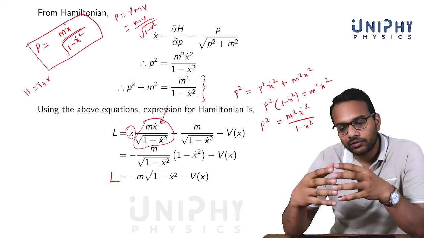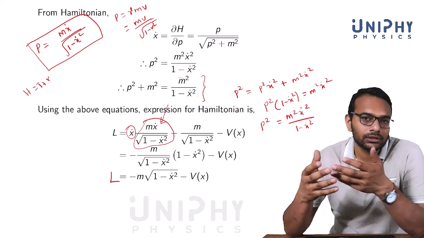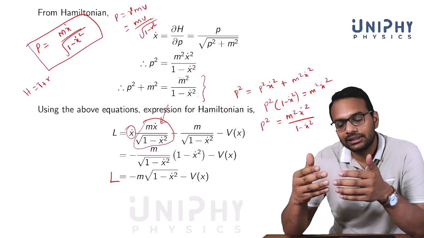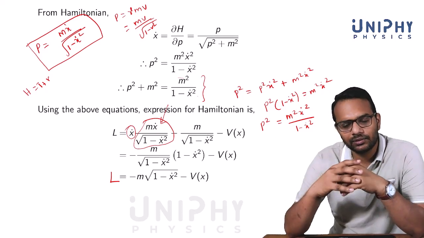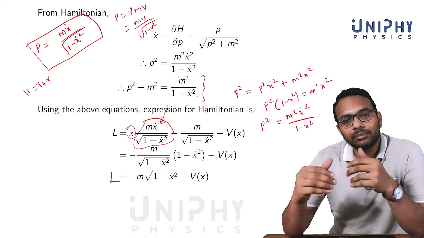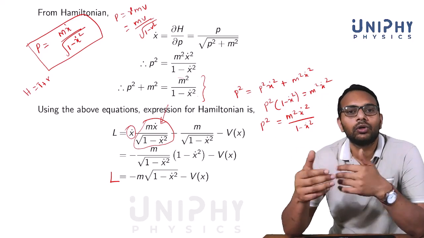We have got this action, and we know that if your equations of motion need some symmetry, you just have to make the action symmetric. Then the equations of motion will automatically become symmetrical.